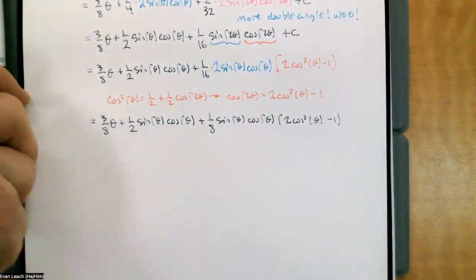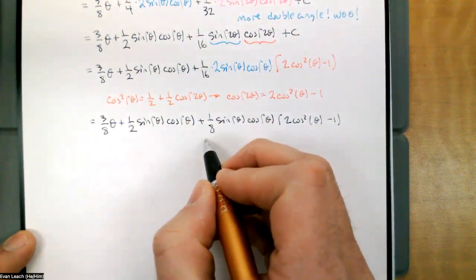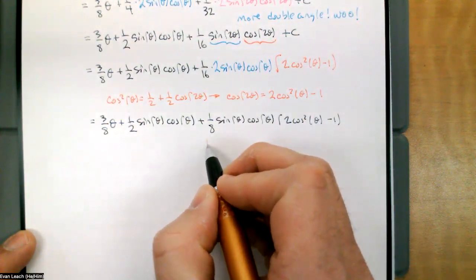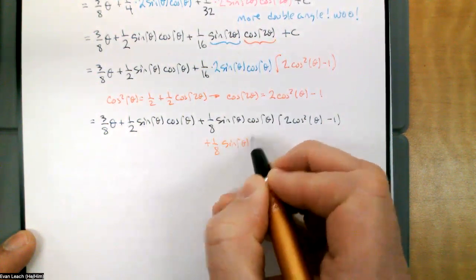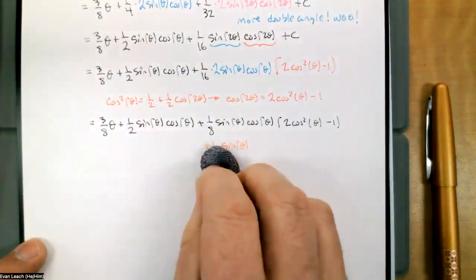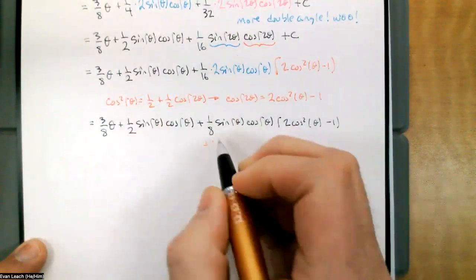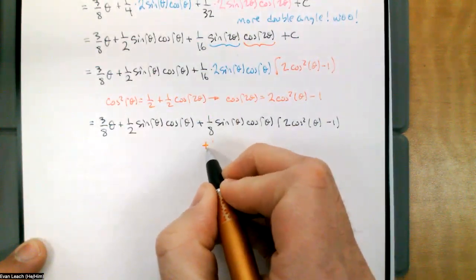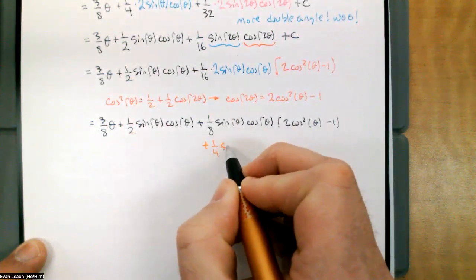So over here, we're going to have a 1/8 sine theta cosine theta, and the distributive property here will give us a 1/4 sine theta cosine cubed.